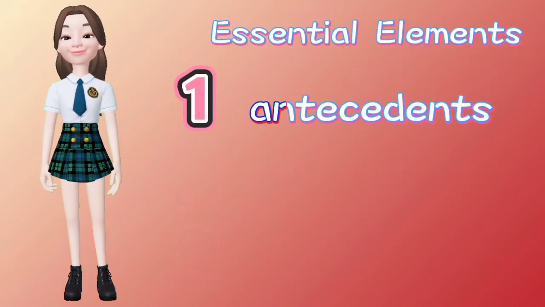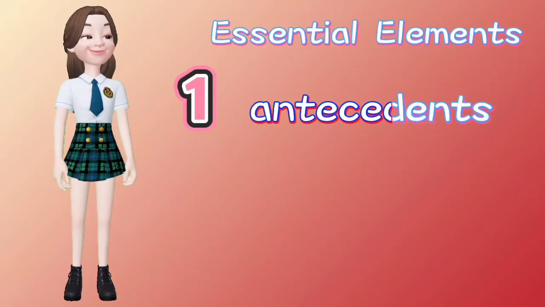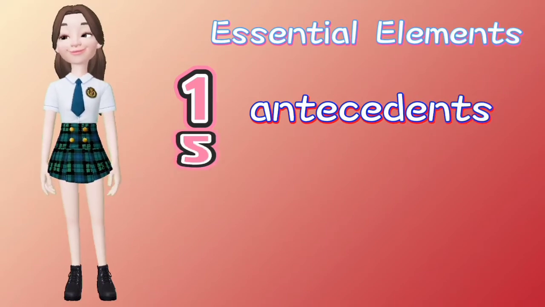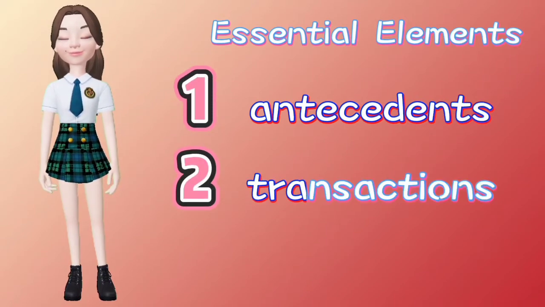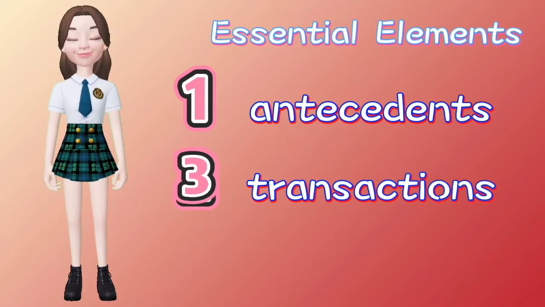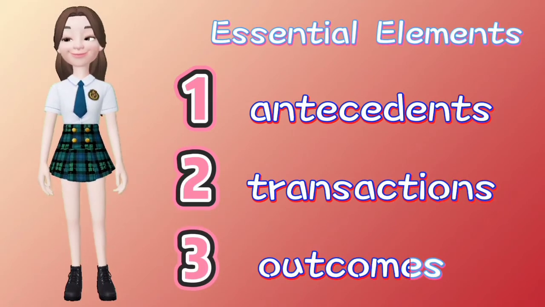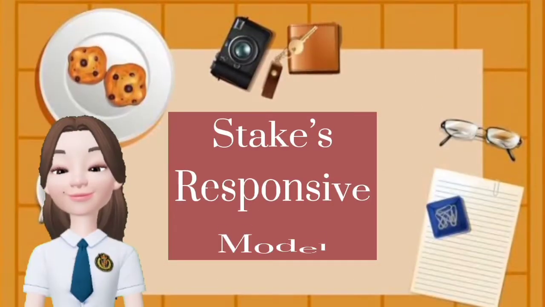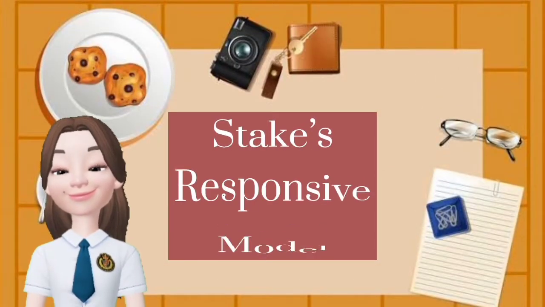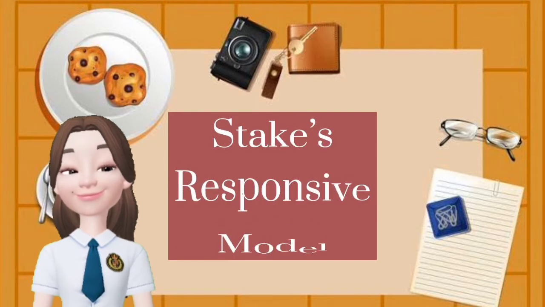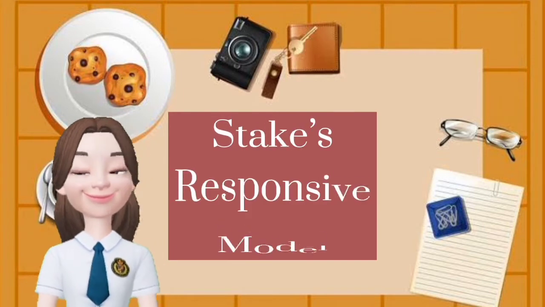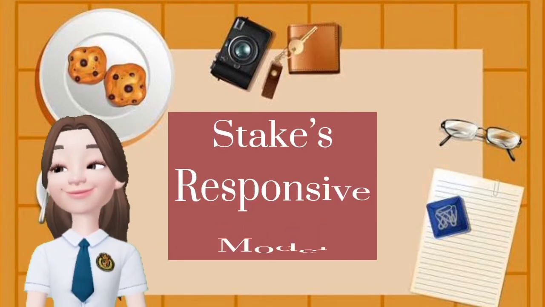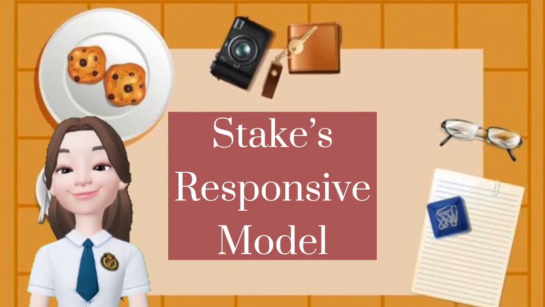The antecedents refer to the conditions existing prior to intervention, transactions which pertain to events or experiences that constitute the program, and outcomes which are the effect of the program. Two special aspects may also describe this particular model: the distinction between intents and observations, and the difference between standards and judgments about what effects occurred.